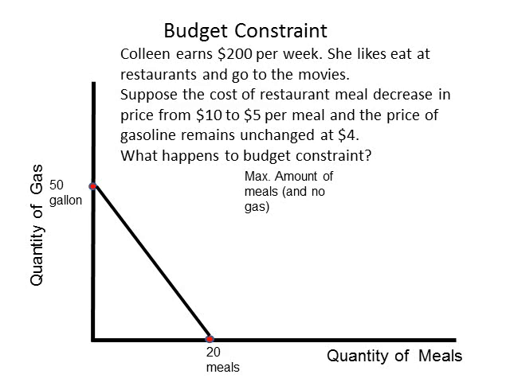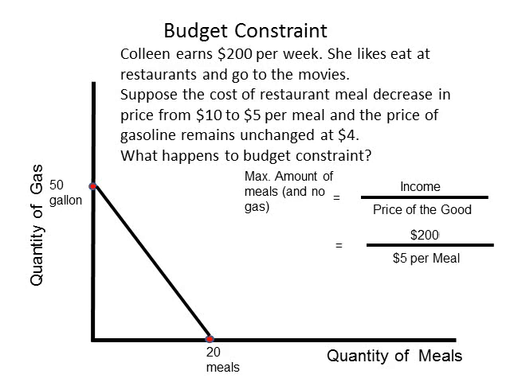Let's have the price of meals decrease from $10 to $5 per meal, and the price of gasoline will remain unchanged. Colleen will first need to recalculate the maximum number of meals that she can afford. Remember, the formula is income divided by the price of the good. Colleen's income is fixed at $200 and the cost of her meals is now $5. So $200 is substituted in for the income and $5 is substituted in for the price of the meal.